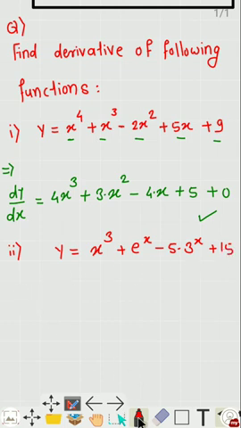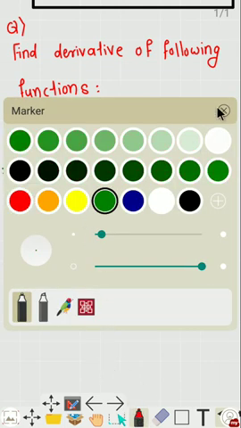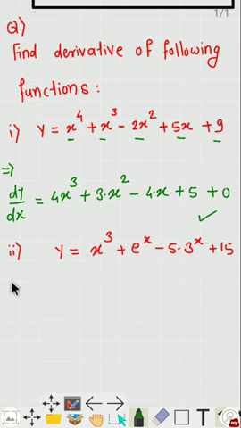Again, write the derivative of this function. Function y is an addition of 1, 2, 3 and 4 functions, so write the derivative of these 4 functions separately.